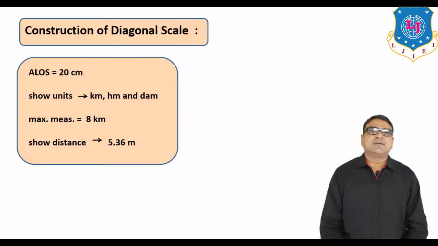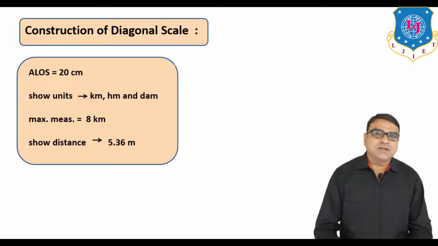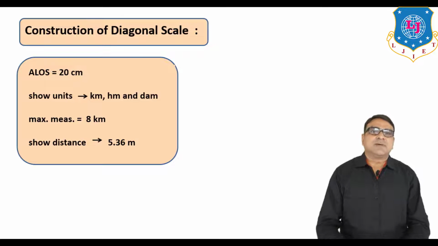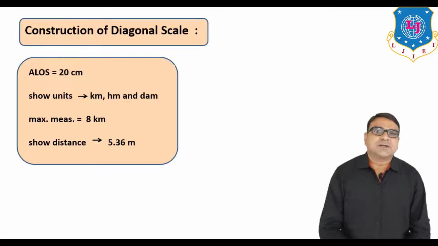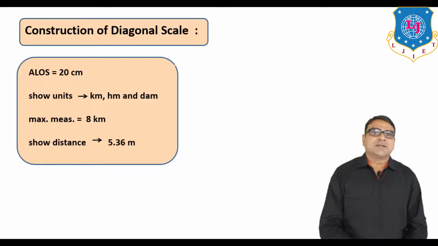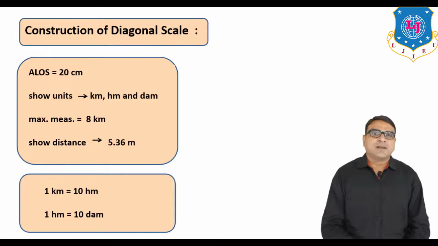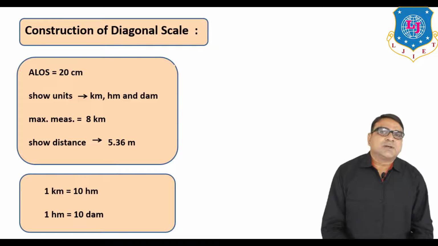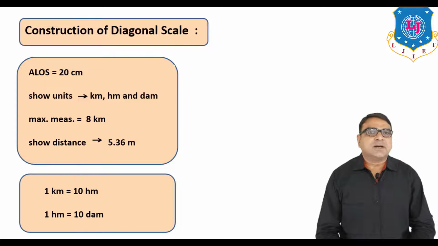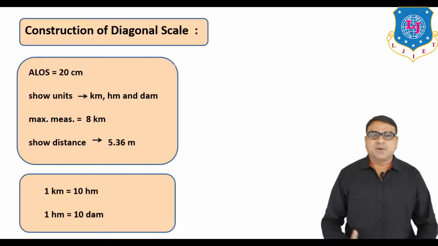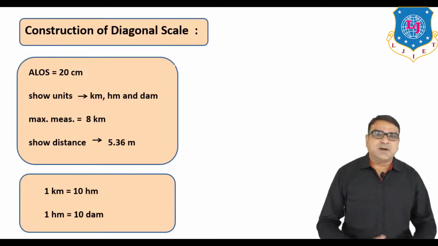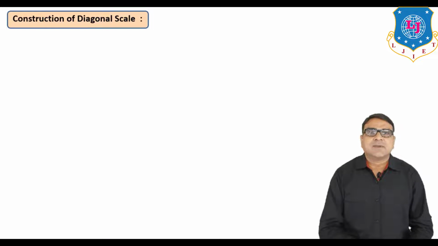For that we have the actual length of scale, which units we have to show, maximum measurement 8 kilometers, and our indication distance 5.36. We must know the relation between kilometer, hectometer and decameter: 1 kilometer is equal to 10 hectometer and 1 hectometer is equal to 10 decameter.